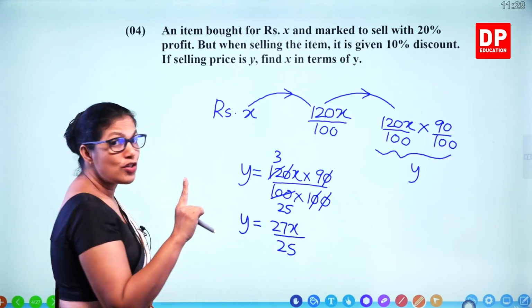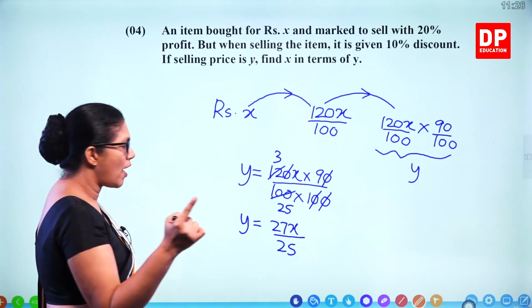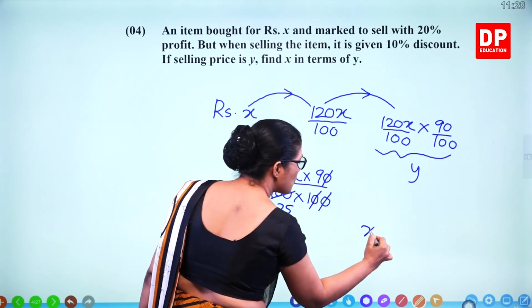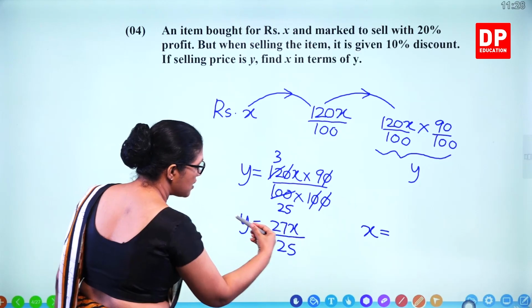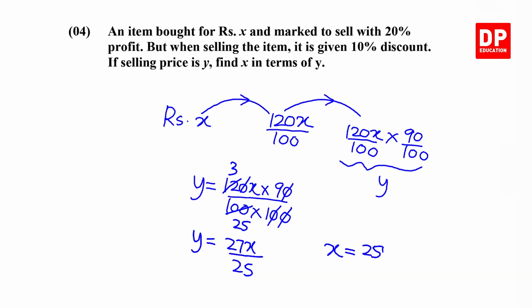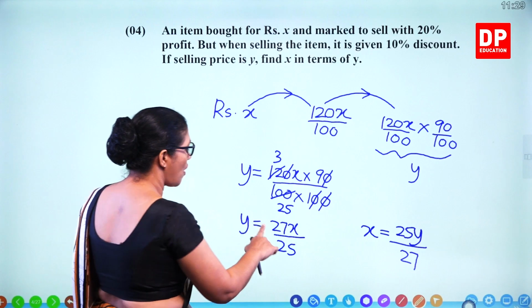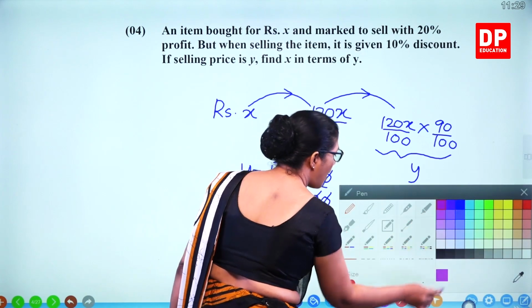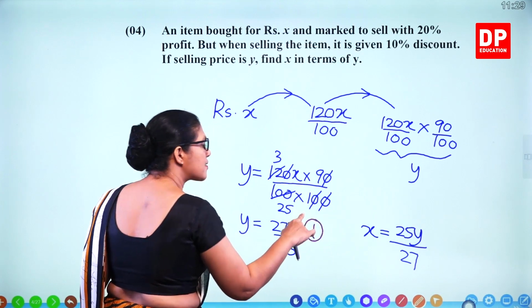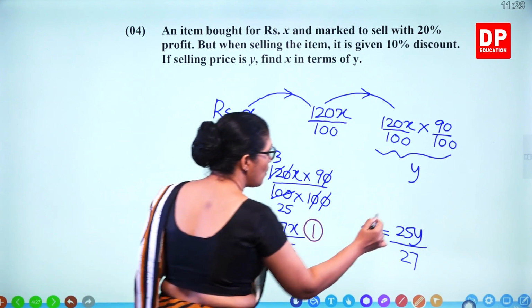But read the question, find X in terms of Y. So you have to make X the subject. X becomes 25y over 27. So you have to keep the answer to get the other mark. Up to this point you will get 1 mark. Writing X in terms of Y, 1 mark.